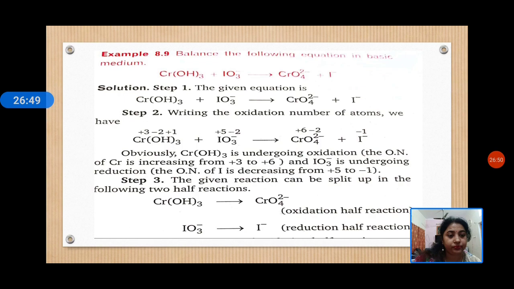And iodine: in IO3 minus, iodine is +5, but the iodide ion shows -1. So +5 to -1 is a decrease in oxidation number, so it will be a reduction half reaction. So two reactions are here.